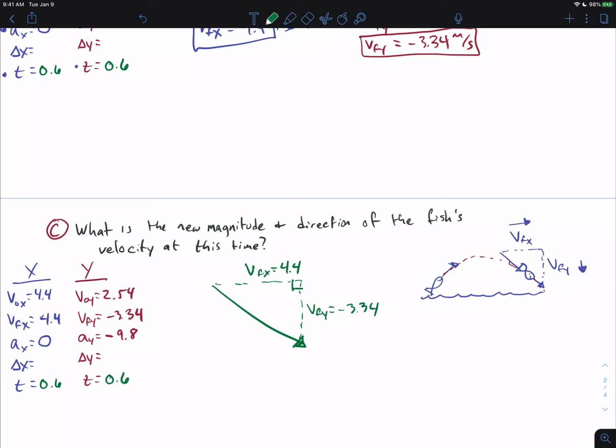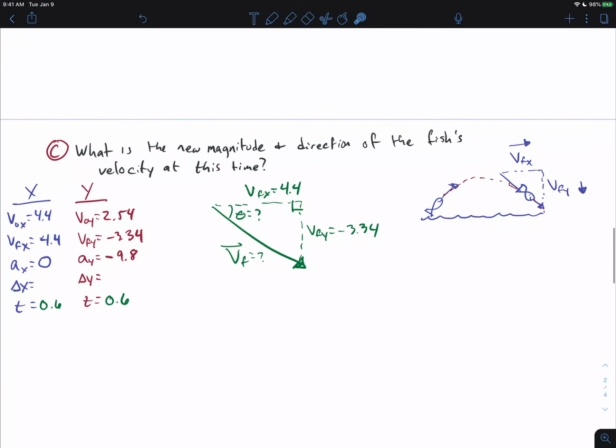So can I find the final and my direction? So this is magnitude here, how fast is this fish moving, and direction, what's the exact direction that the fish is moving in, in degrees.